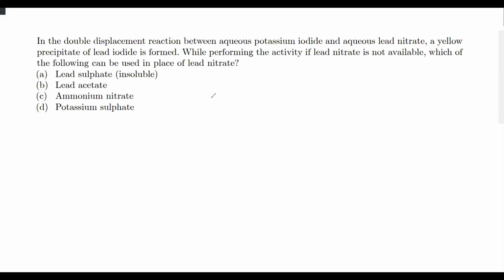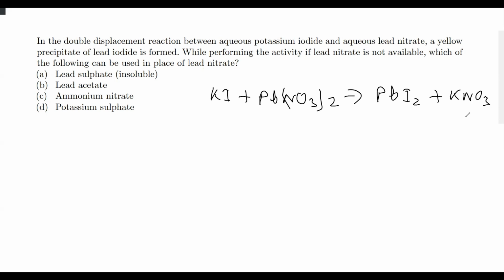So what we know is that the double displacement reaction between potassium iodide KI plus lead nitrate, that is Pb(NO3)2, gives lead iodide, PbI2, and potassium nitrate, KNO3. Well, you know that all compounds of potassium are soluble in water, so the yellow precipitate is because of this lead iodide.